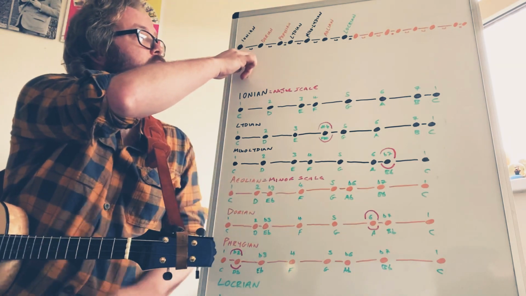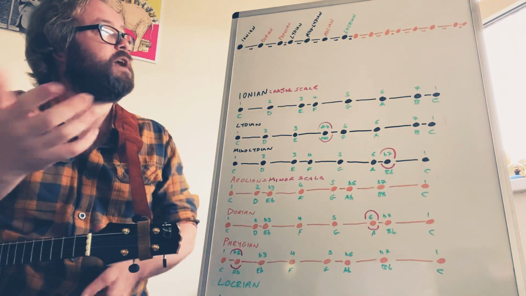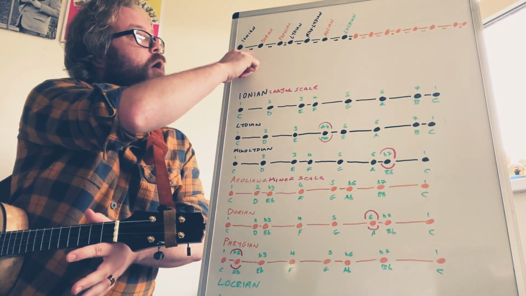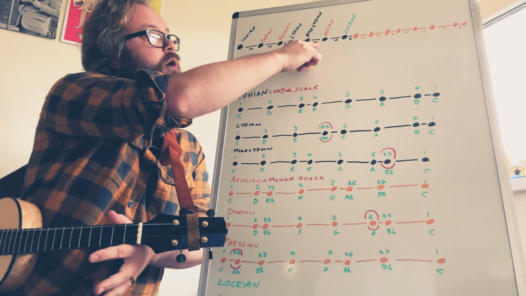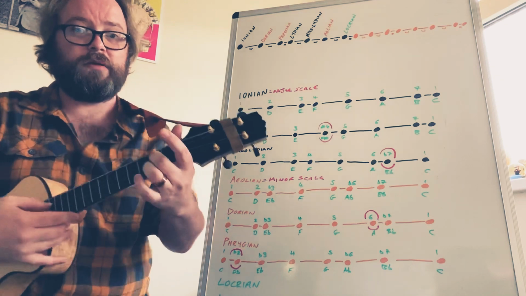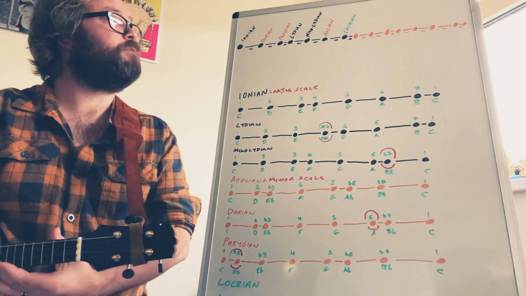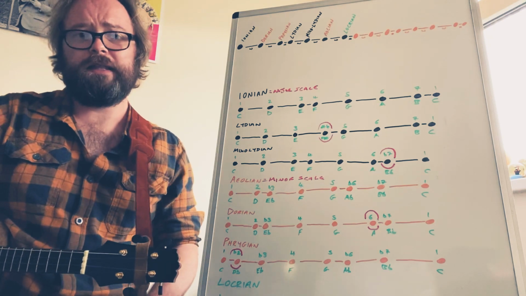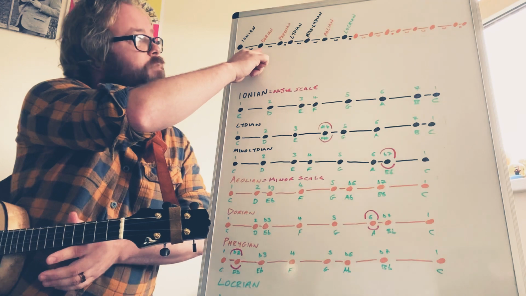A major scale, the do, re, mi one that we all know, is a whole step, a whole step, a half step, a whole step, a whole step, a whole step, and a half step. And that makes up our major scale.